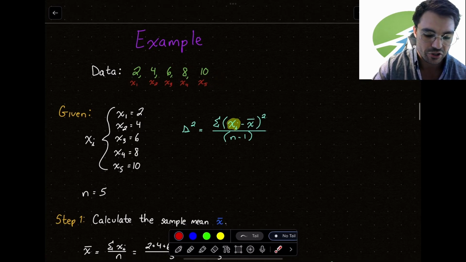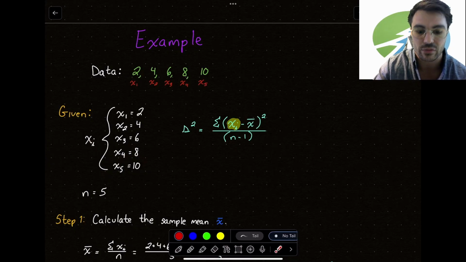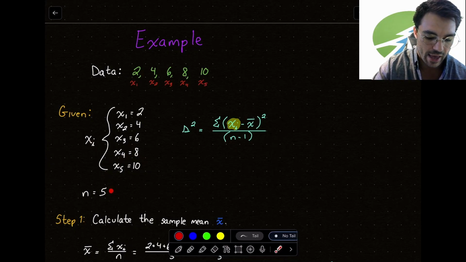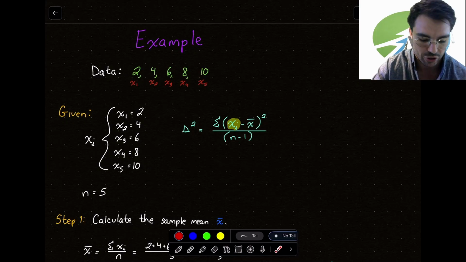Just like before, I list how each observation corresponds to each X value. X sub 1 equals 2, X sub 2 equals 4, X sub 3 equals 6, X sub 4 equals 8, and X sub 5 equals 10. These are all of our X sub i's from the equation. And n is 5 because we have 1, 2, 3, 4, 5 observations.